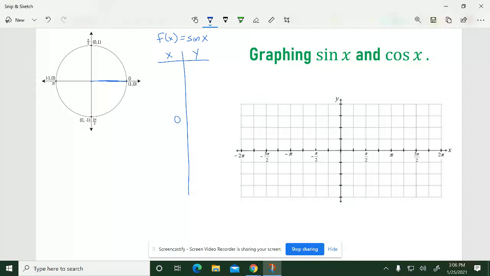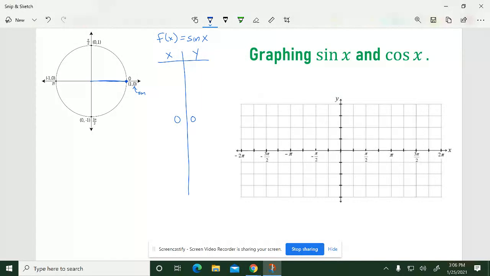Think of this as a 0 degree angle or a 0 radian angle. Remember, to find the sine, we look at where this angle hits on the outside of the unit circle, and it hits right here at this point. The sine is always the y value. So right there at that point, the sine of that angle is 0.